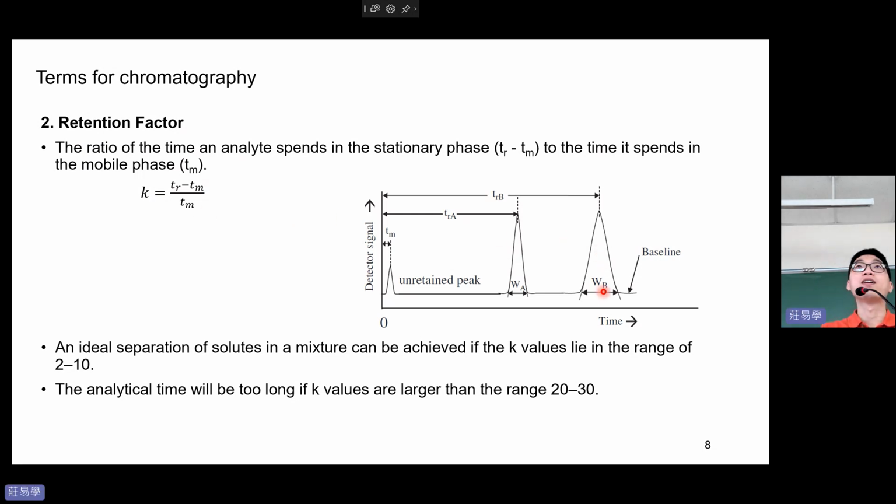Compound B, right? Based on the chromatogram here, compound B has a higher affinity with the stationary phase because its retention time is longer. So basically, a large retention factor means high affinity with the stationary phase.